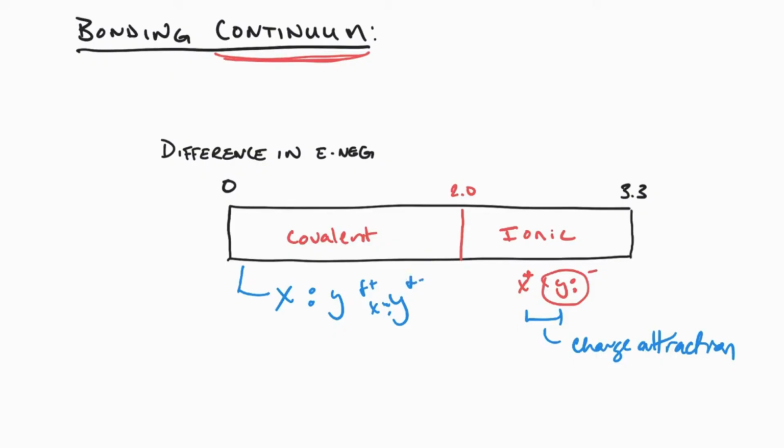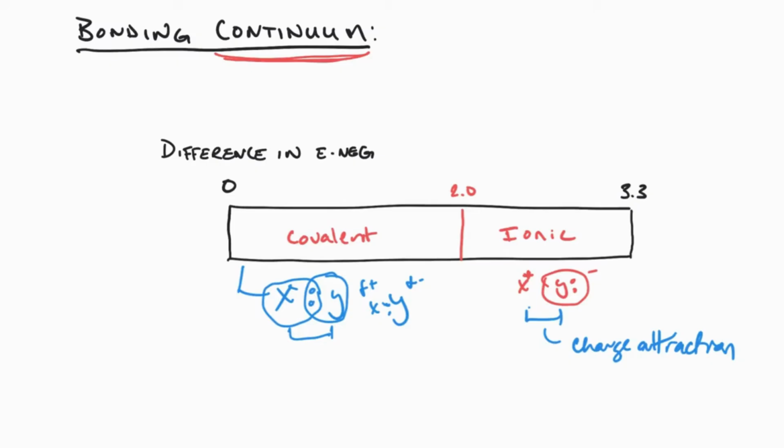For right now, what we want to think about is a covalent bond where these electrons are shared equally between those two elements, and this creates a small stable unit where X and Y are held together. The only thing that holds X and Y together in an ionic bond is the difference in charge.